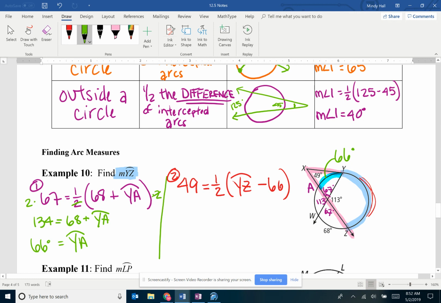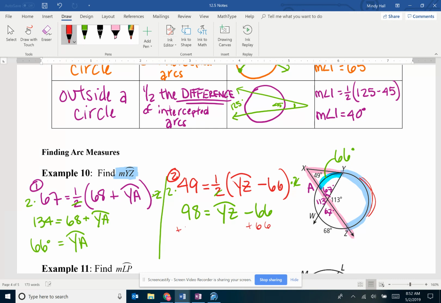So again, I'm going to multiply by 2 first, so I can get rid of that fraction. So that gives me 98 equals arc YZ minus 66. And then when you add 66, you get that YZ is 164 degrees.